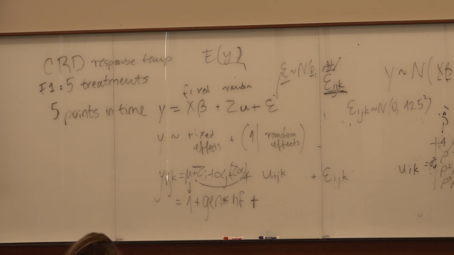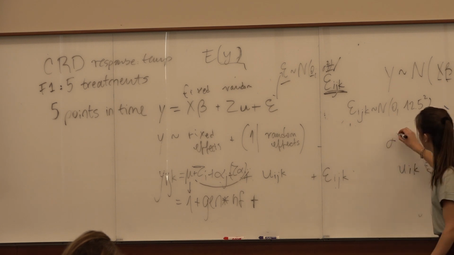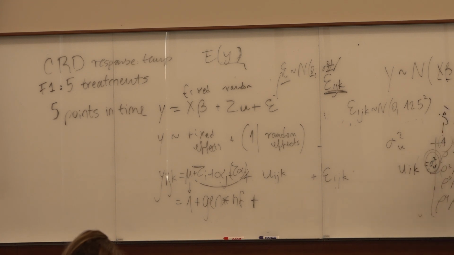So I'm going to add that here. Essentially, we're saying that the observation at time 1 is similar to the observation at time 2, but a little bit less similar. Time 3, a little bit less similar, right? And what we're estimating is the sigma squared U and this rho, right? We're going to look for those in our functions.